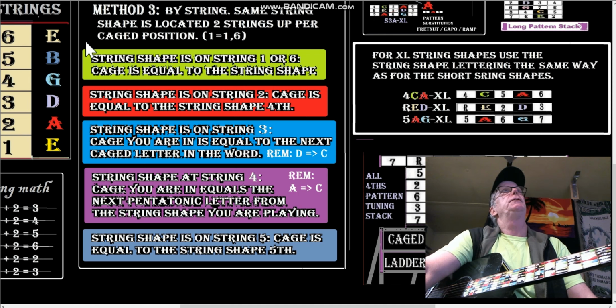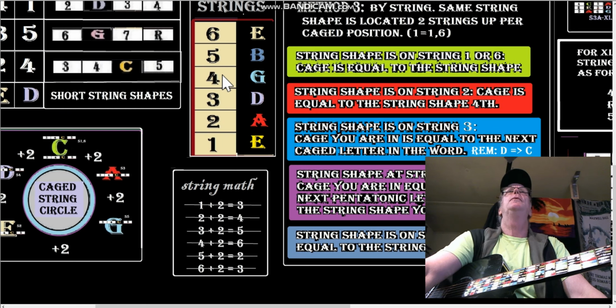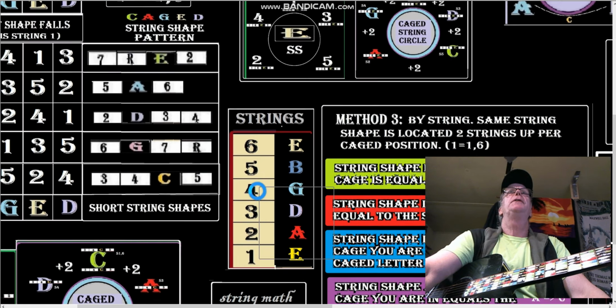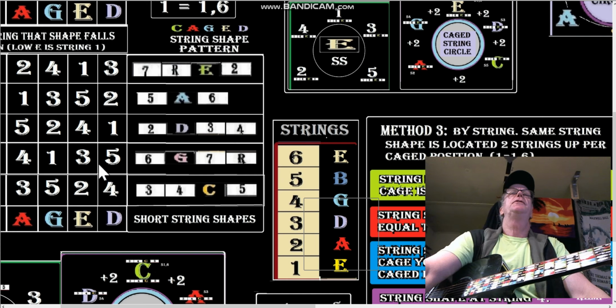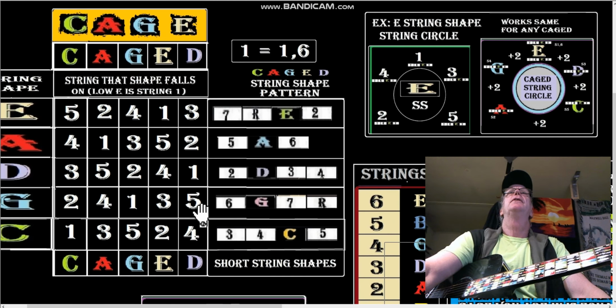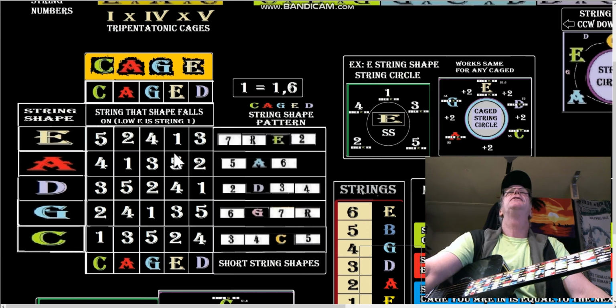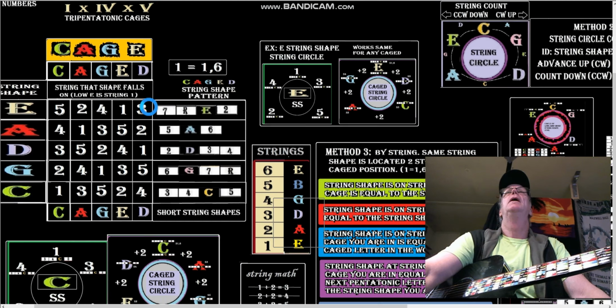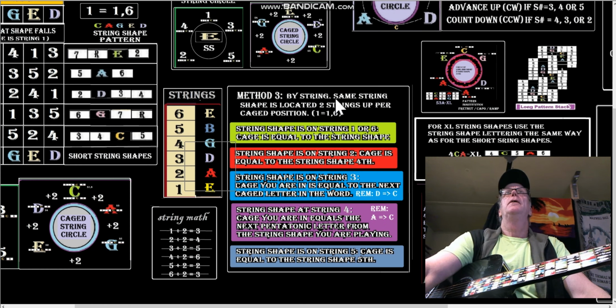What it is in method 3 is that, excuse me, in method 3 we've discovered this rule here, and it should have it written somewhere. Same string shape is located 2 strings up per cage position. So we went through this with the +2, +2, okay?